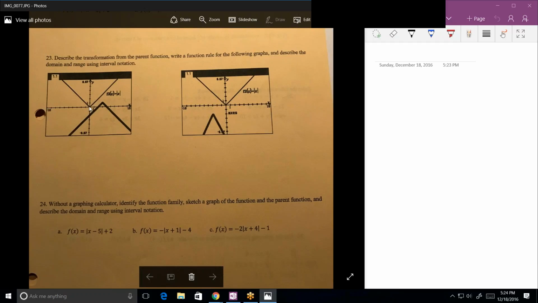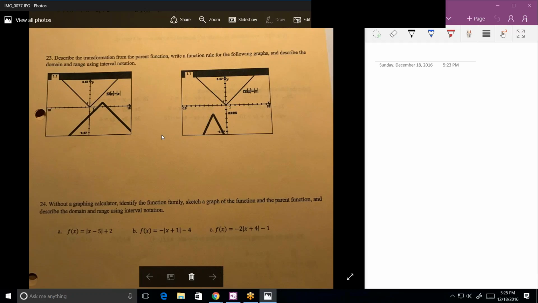And that's what that function looks like, the skinny black line. So first of all, what do you notice about the thick black line? Very first, always think reflections, because those have to be done first. Is it a reflection?